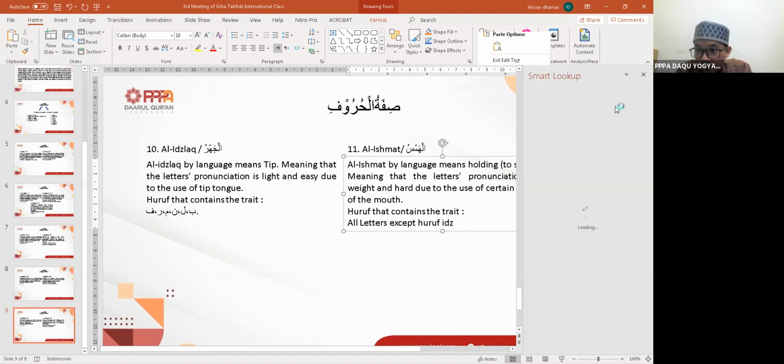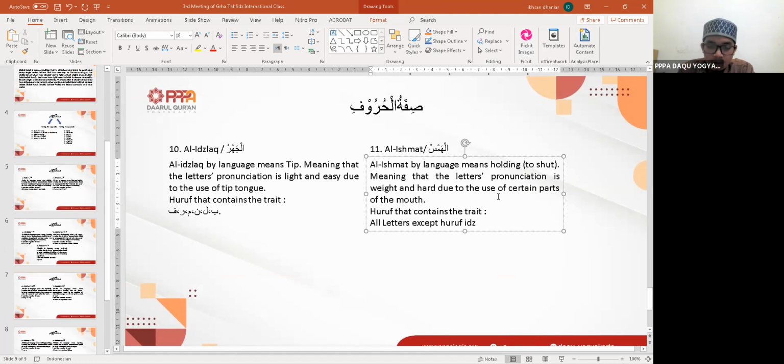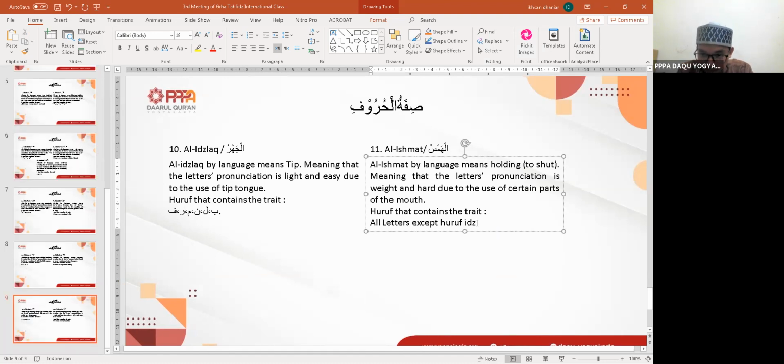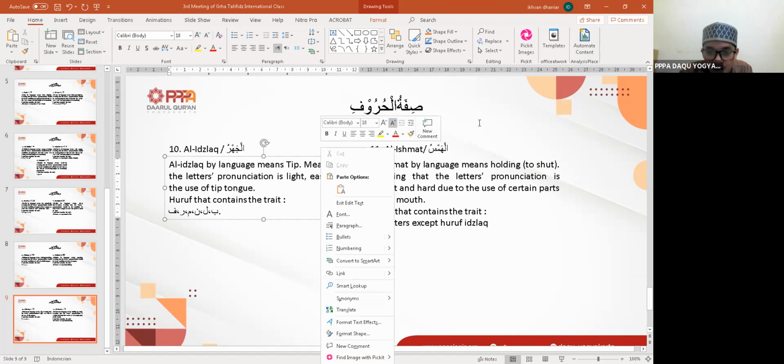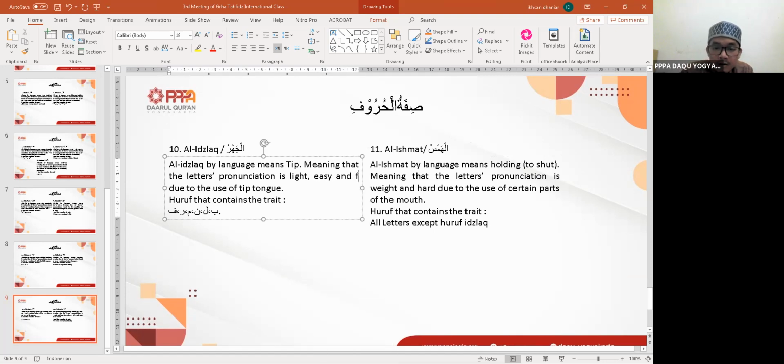So the last trait is al-ismat. It opposes al-izlaq, which means the tip, and you find it light, easy, and fast. Again, I add fast here.